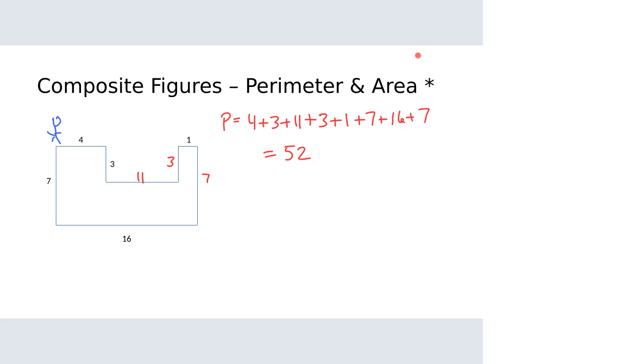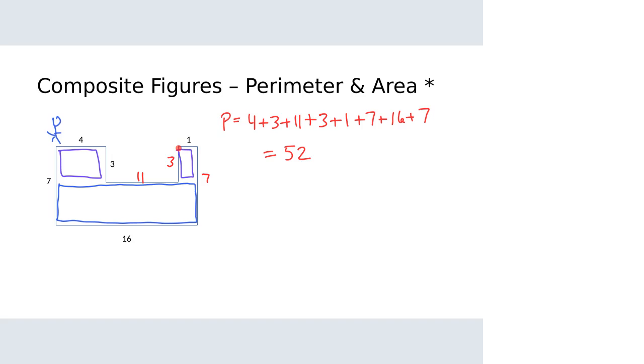Now we want to find the area of this entire thing. And I'm going to start by chopping it up into smaller pieces. And you may have seen this differently. What I see is a big long rectangle down here, and then a smaller rectangle in the top left, and then a smaller rectangle in the top right. But you can cut it up a different way and still get the correct answer.